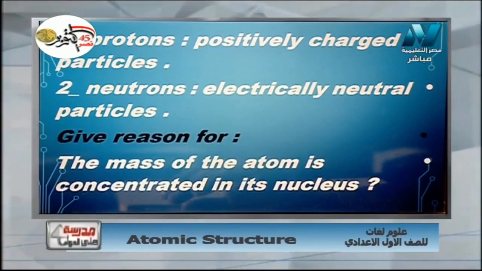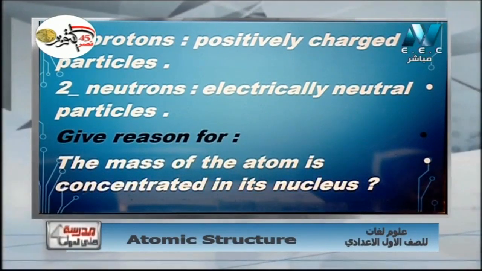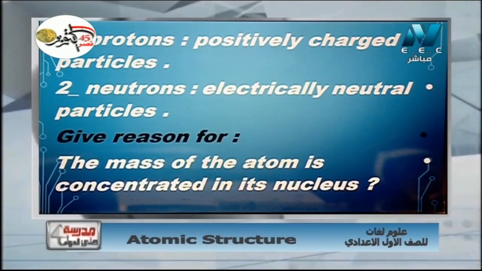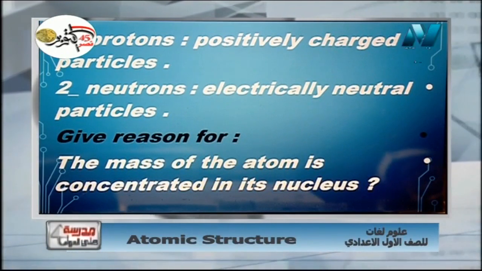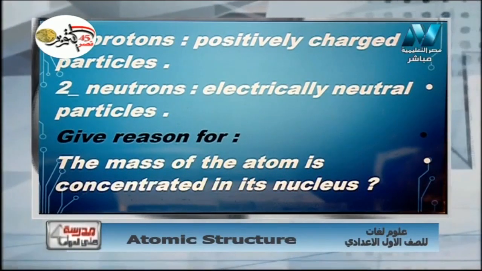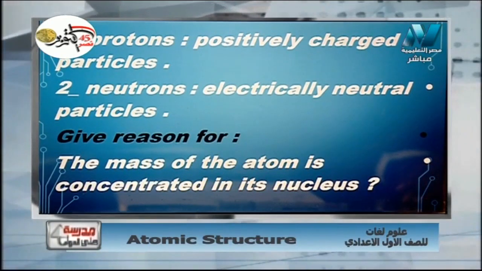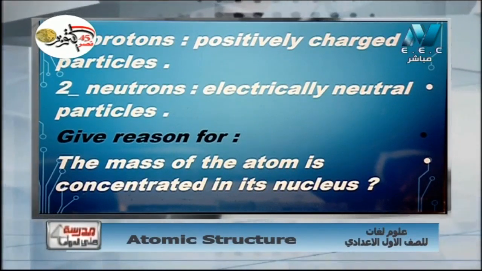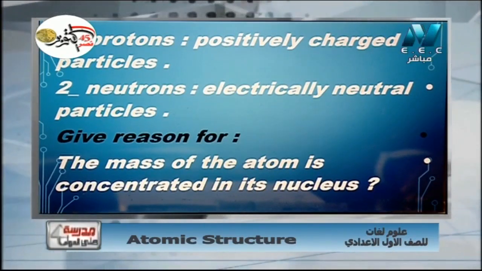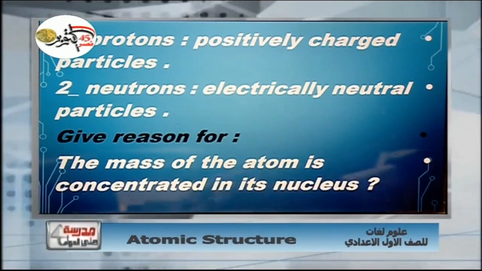Now the question: give a reason for the mass of the atom being concentrated in its nucleus. Why? Because it contains protons and neutrons that have more mass.